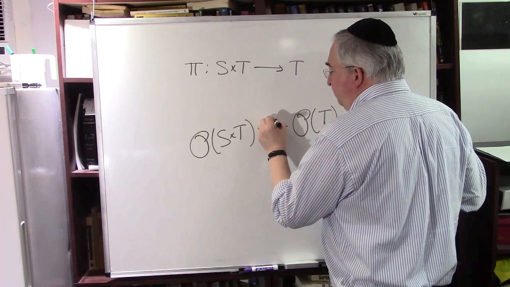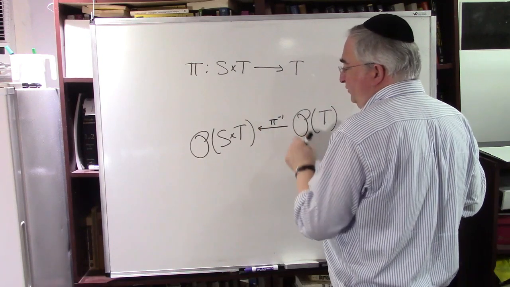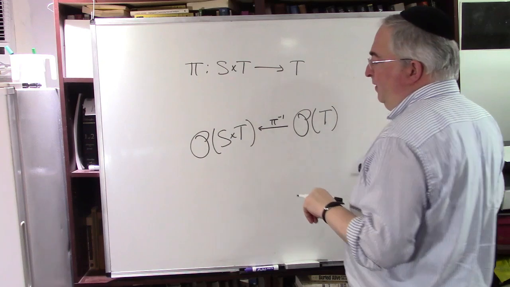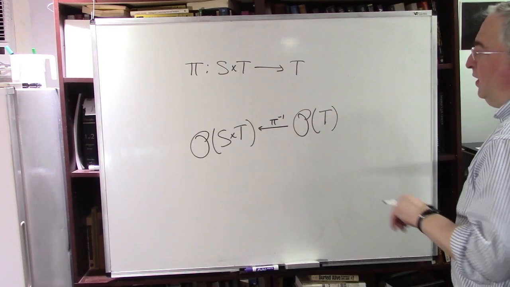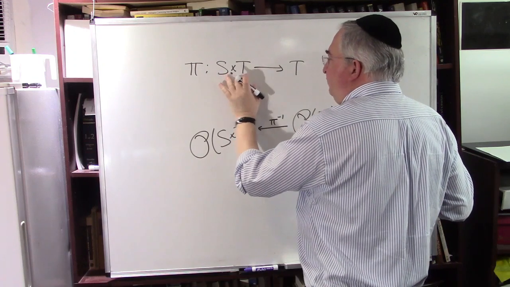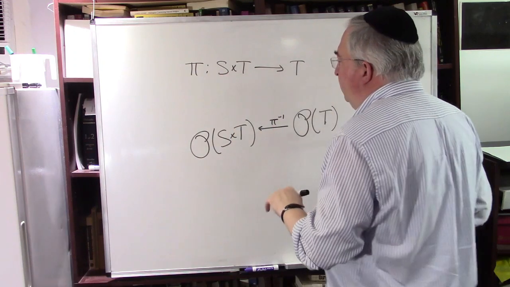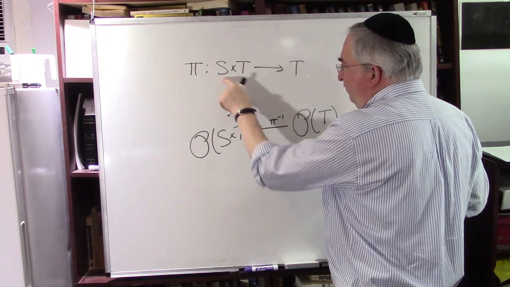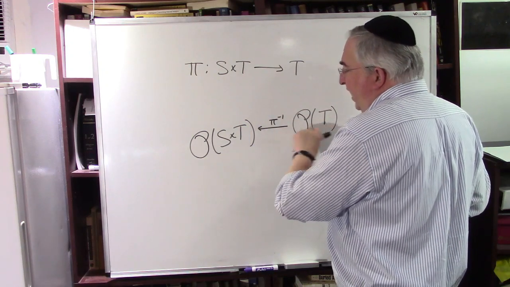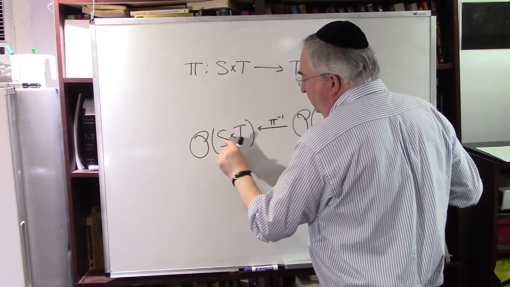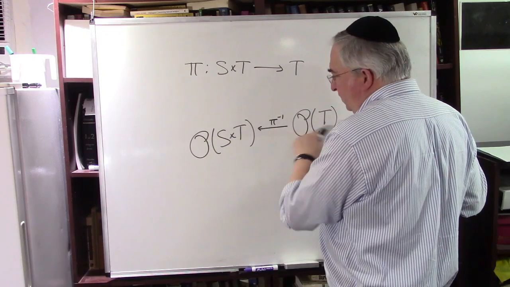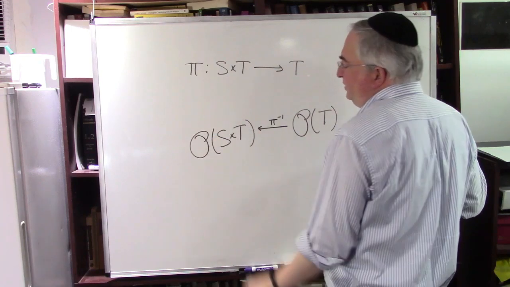So this becomes pi minus 1 of T. I'm sorry, this is the projection function. Takes pairs of things, just projects it to the T. Just think for a second what this function does, the inverse. It takes a subset of T and it gives you the entire S that does that.